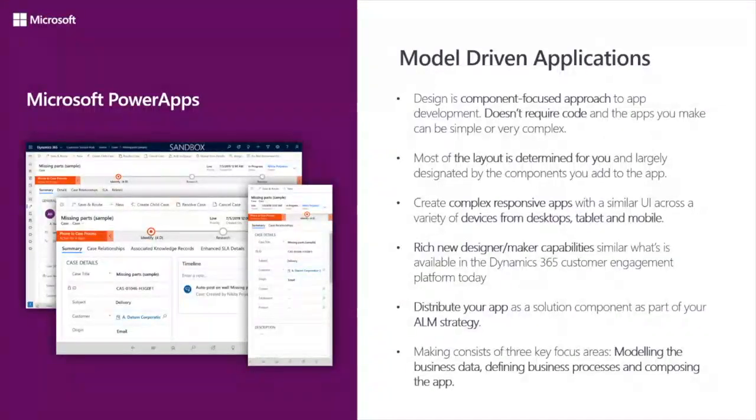You obviously have a level of customization and design of that layout, but pretty much all the layout is determined for you based on the design that you're creating through our rich designer maker capabilities that we have available. All of these applications are fully responsive. Inherently, they work across all the devices, as we were saying before: desktops, tablets, mobiles.